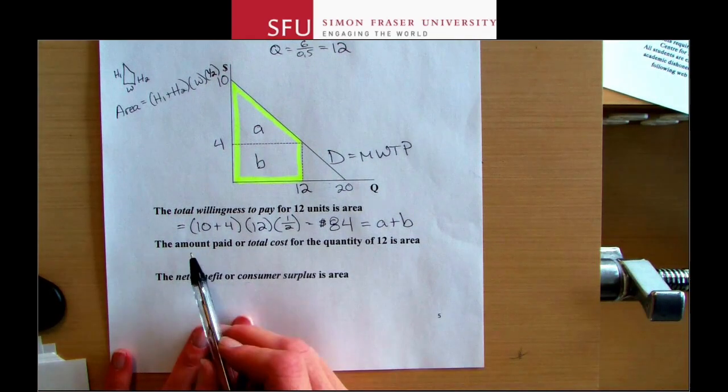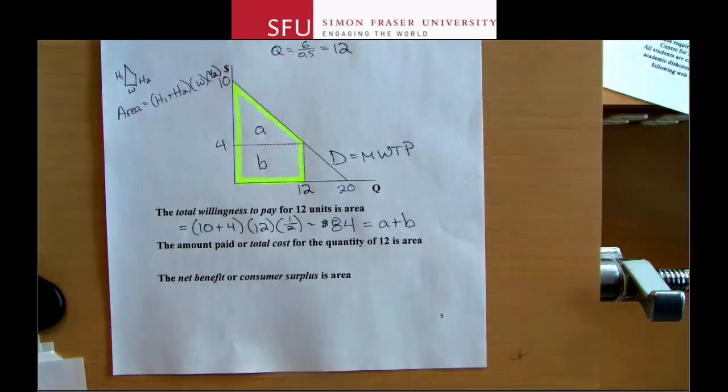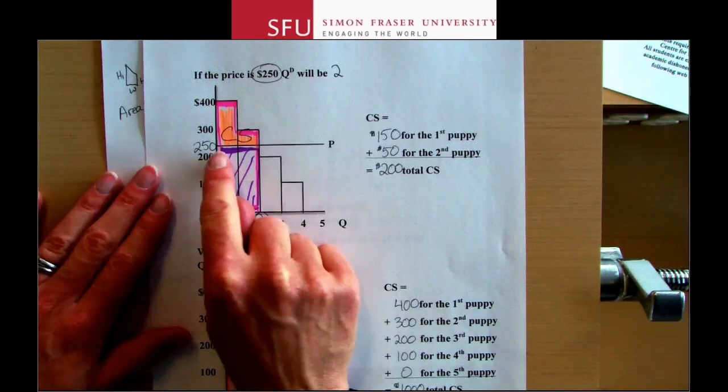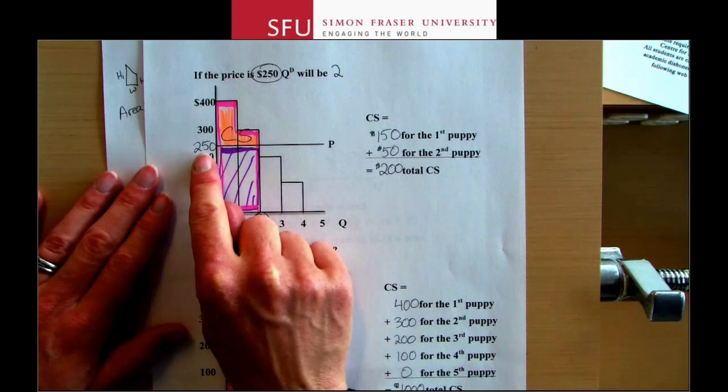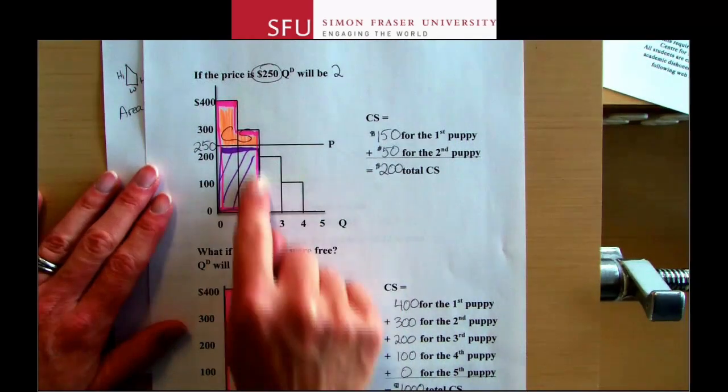So then, the amount paid, or the total cost. Total cost is the number of units you buy times the price. And so that is the area below the price. Just like in the puppy example, when the price was $250 per puppy, and she buys 2 puppies, that would be $500. And so that would be this rectangle here, 2 times 250.